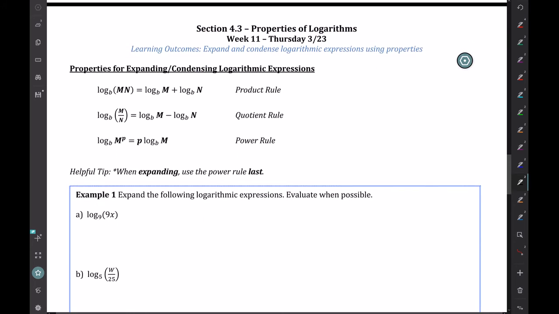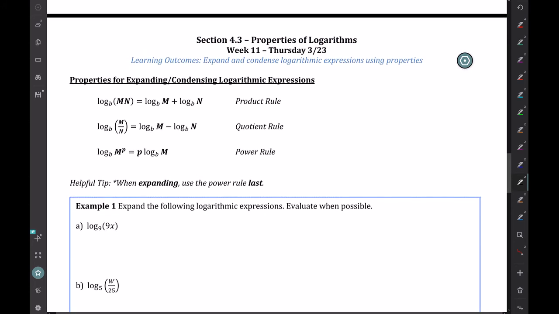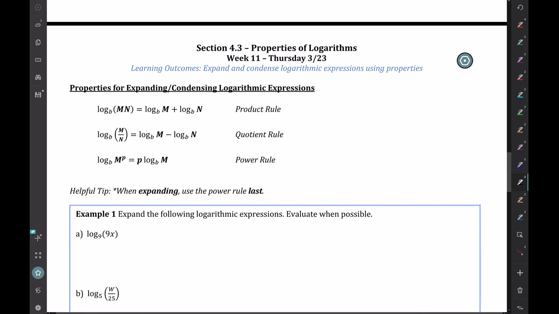Remember, we voted on this in the last class, and you decided you wanted to cover 2 sections on Tuesday of this week.